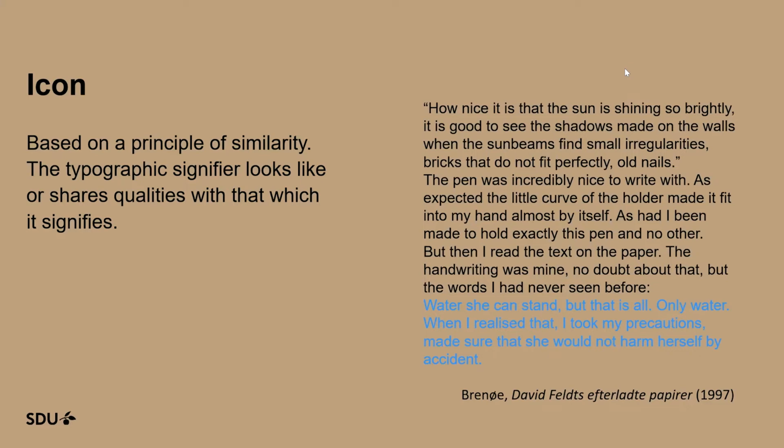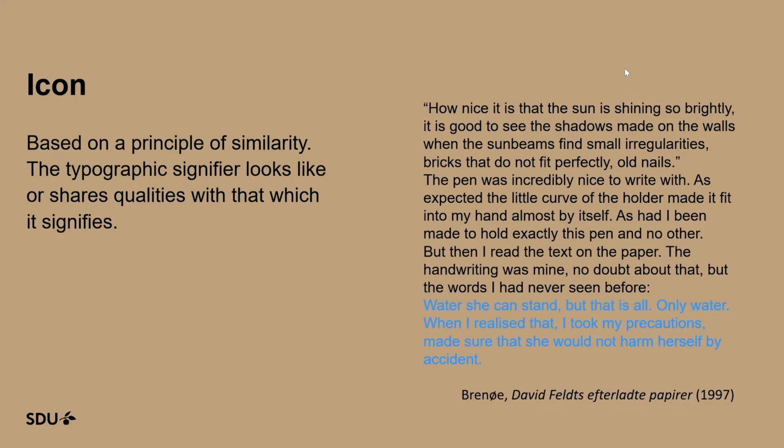It's good to see the shadows made on the walls when the sunbeams find small irregularities, bricks that don't fit perfectly, old nails. The pen was incredibly nice to write with. As expected, the little curve on the holder made it fit into my hand almost by itself, as had I been made to hold exactly this pen and no other.